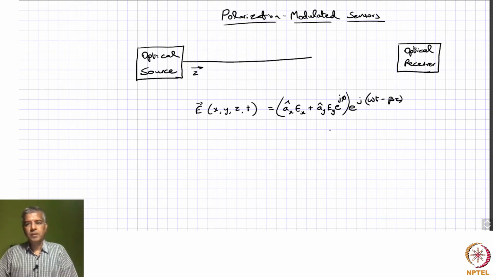So that can describe the polarization of the wave, right? It could be oriented in the x direction or in the y direction or somewhere in between, and it might have a phase difference relative to each other.